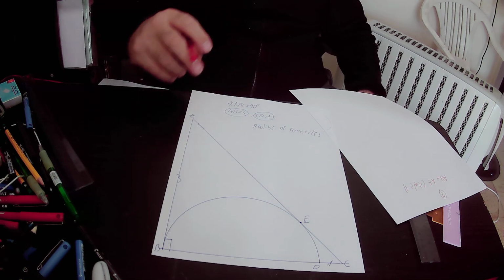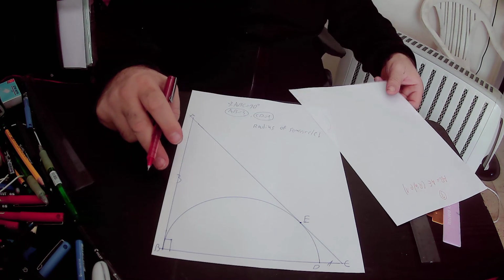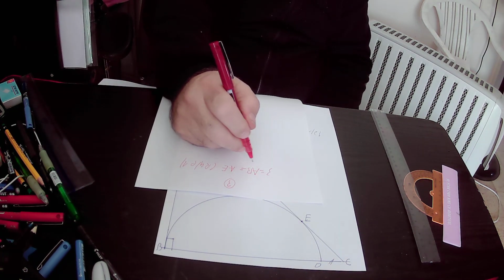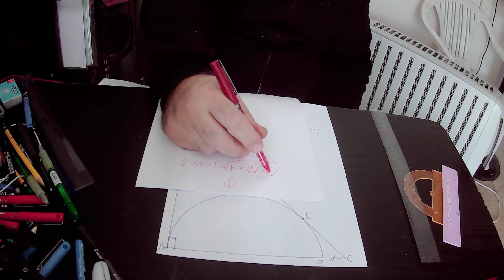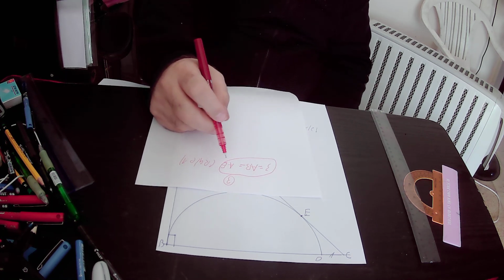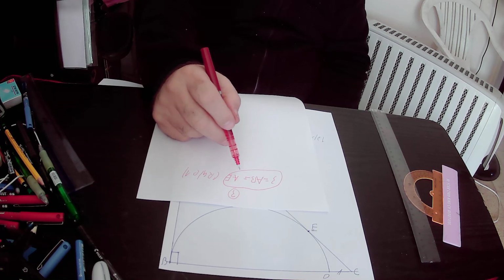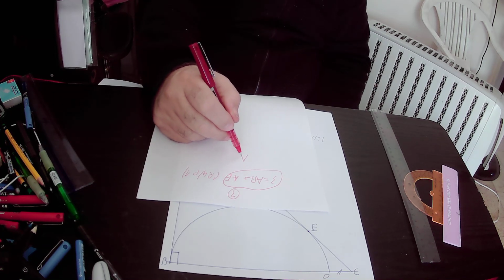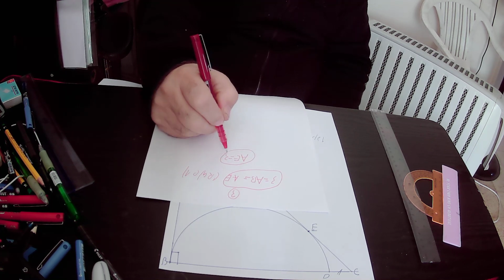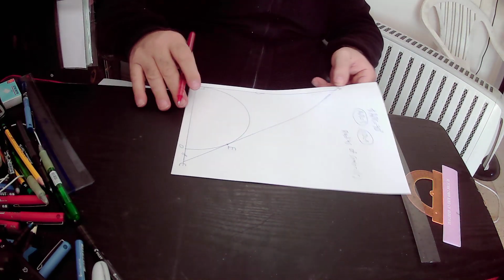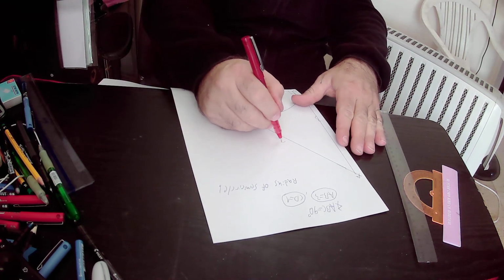But it is given in the question that AB equals 3 units, so we can write here that AB equals 3 units. So from this equality we can derive that AE also equals 3 units.